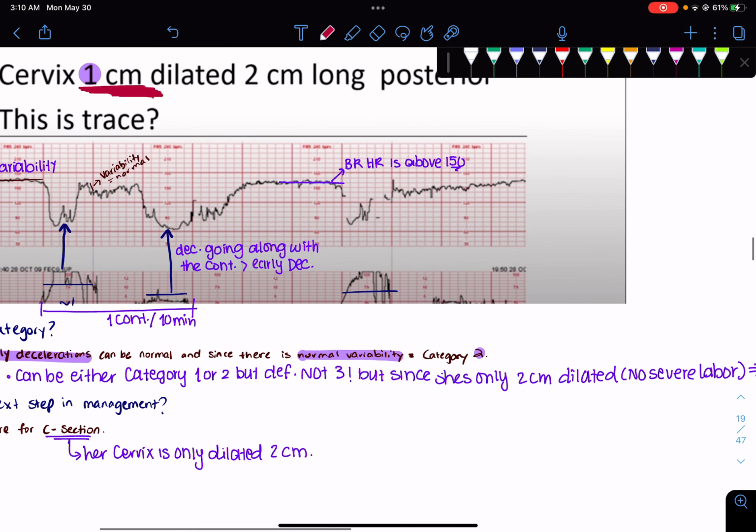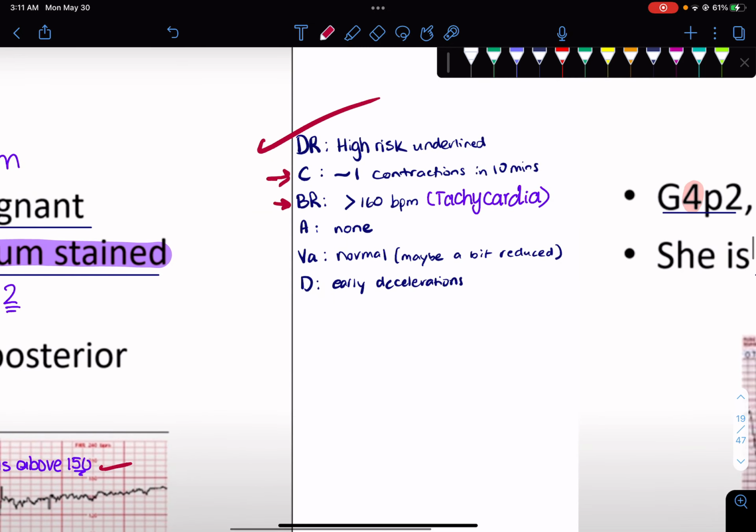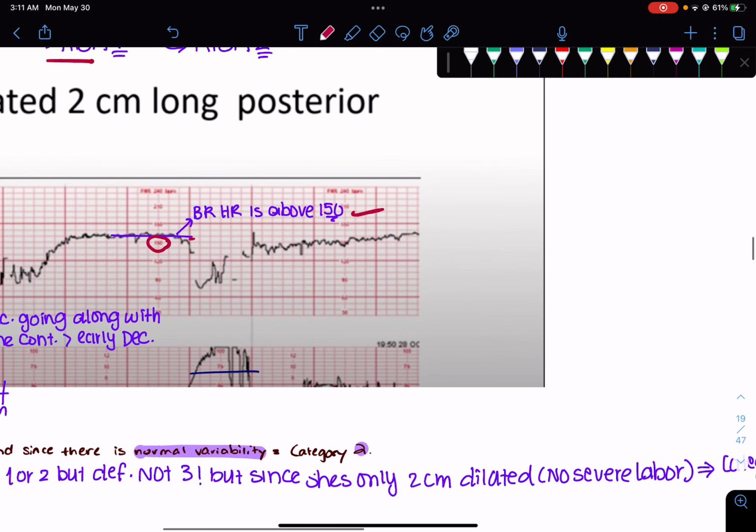Let's put our line. I don't know why this line is here even. So her baseline heart rate is above 150, as you can see here. So it is also a normal heart rate. I mean no, it's actually above 160. So the fetus has tachycardia.